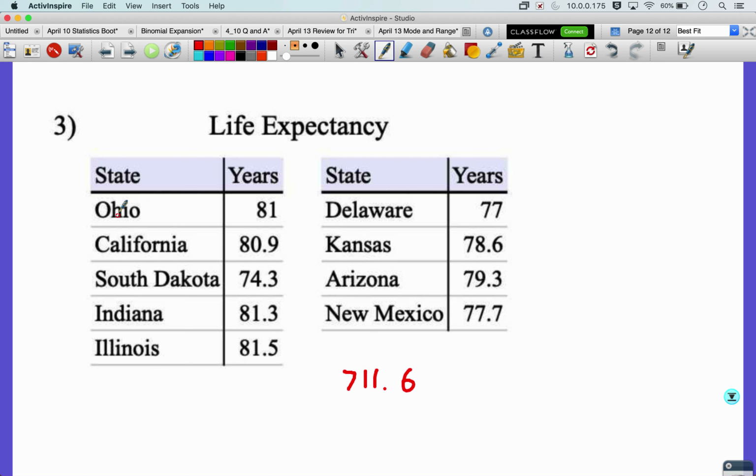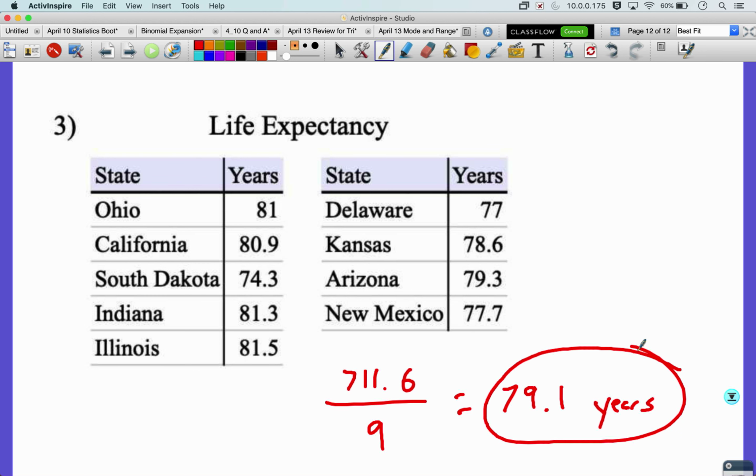And there are how many data points? 1, 2, 3, 4, 5, 6, 7, 8, 9. So divide that by 9. The number's still in my calculator, so I just hit divide by 9. And I get 79 point, we'll round that up to 1 years. Which is within this data set. It's younger than some, older than others.